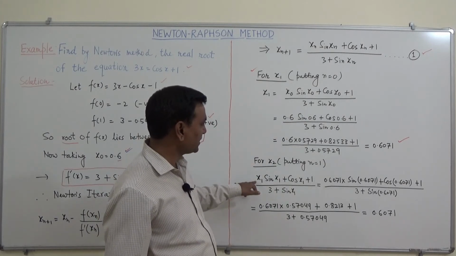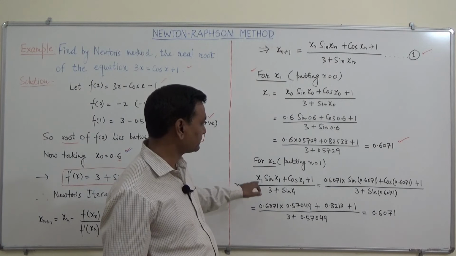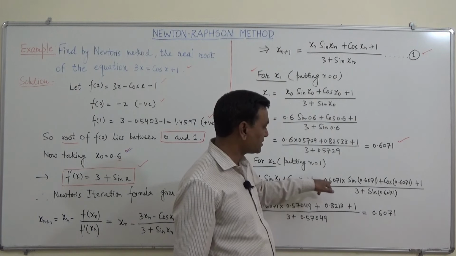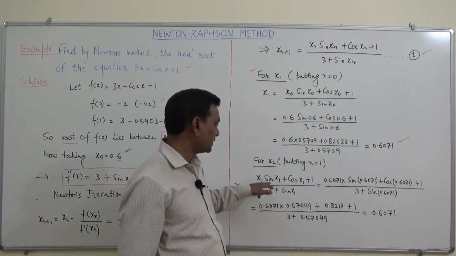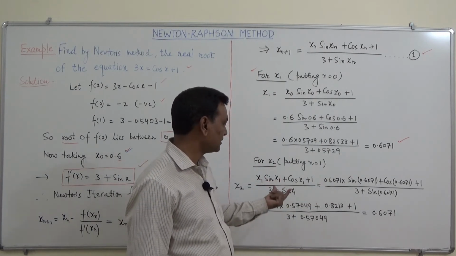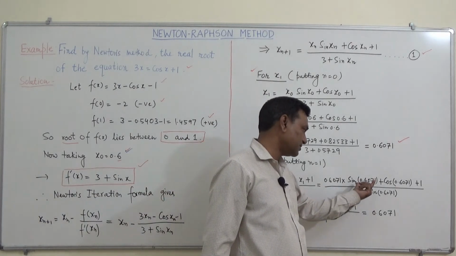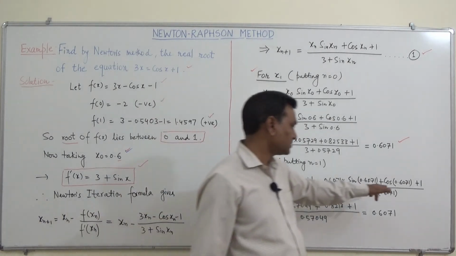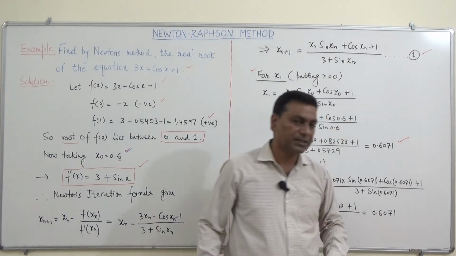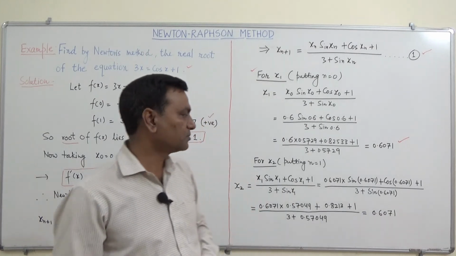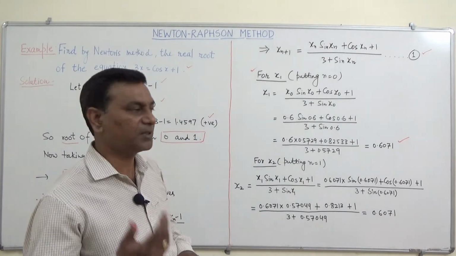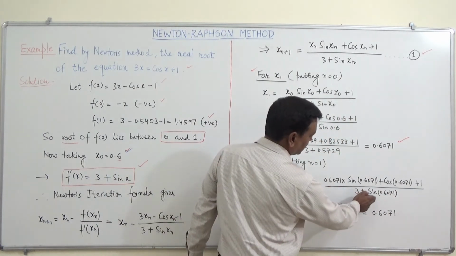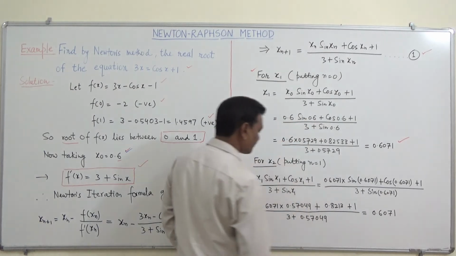The value of x1 is 0.6071, and we can find sin 0.6071 and cos 0.6071 from the log table.